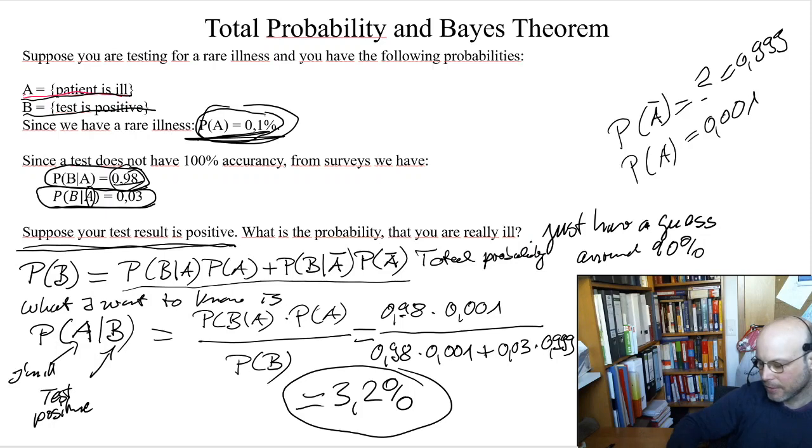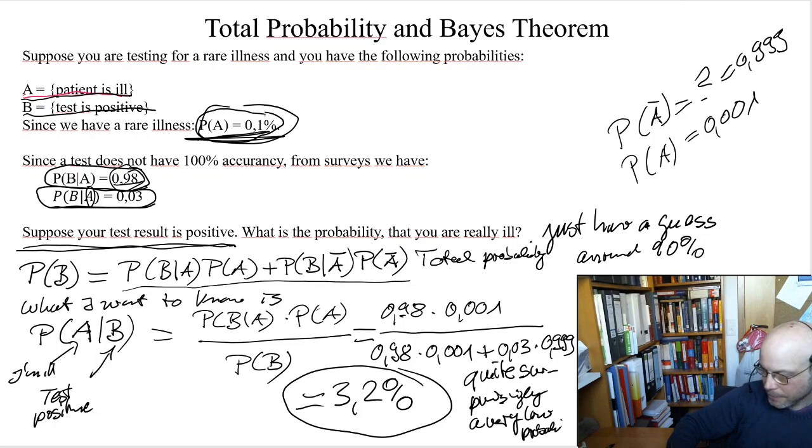And this is, I think, quite surprisingly a very low probability. And if you have these very rare illnesses, then you need really very accurate tests.